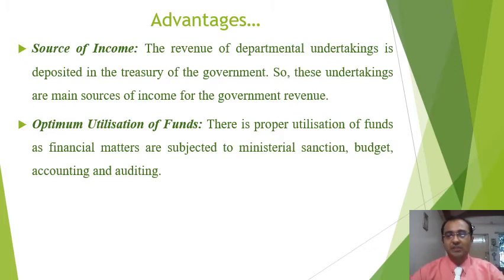So if they overuse it, automatically in the parliament report that would be caught by the government and the person can be thrown out of the post. So each and everyone working in the departmental undertaking makes proper utilization of the fund.